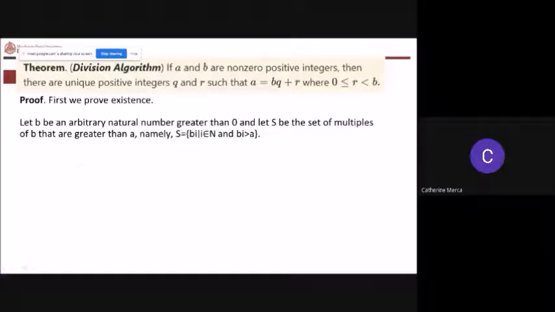So what do we have here? This S is supposed to be non-empty because a times b is greater than a.